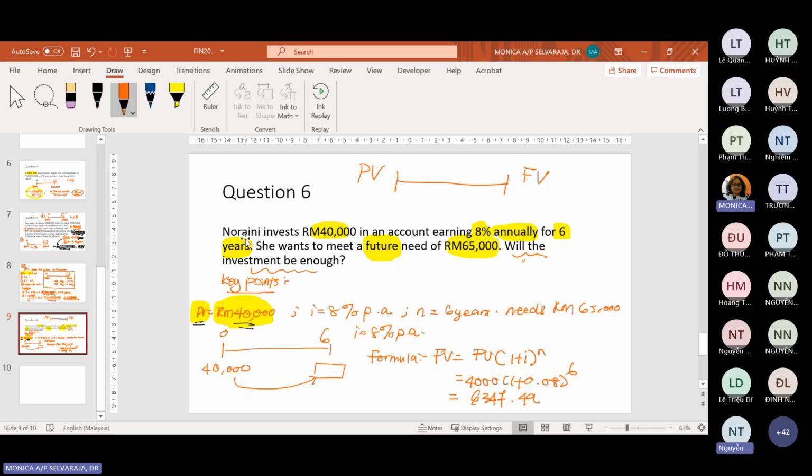Read the question. I invest 40,000 RM in an account earning 8% only for 6 years. She wants to meet a future need of 65,000 RM. So will the investment be enough?